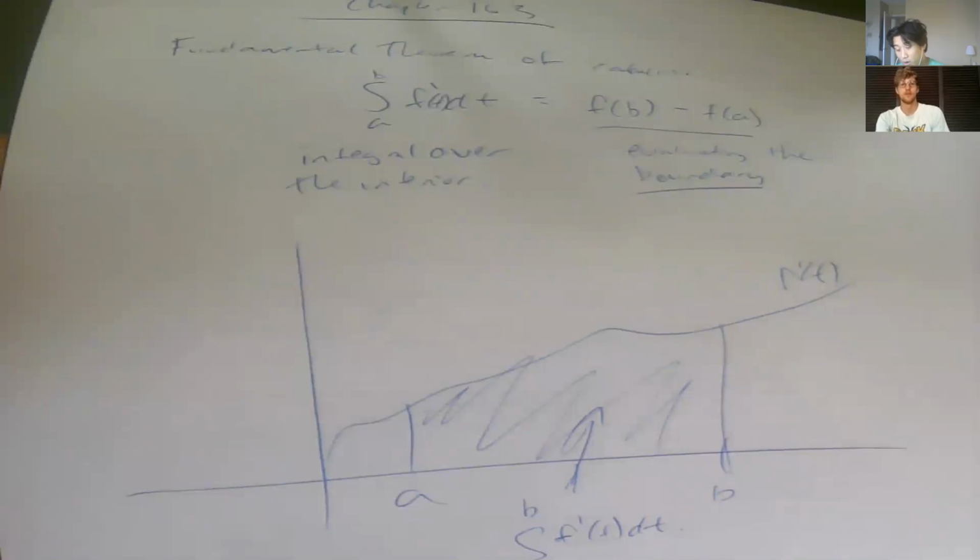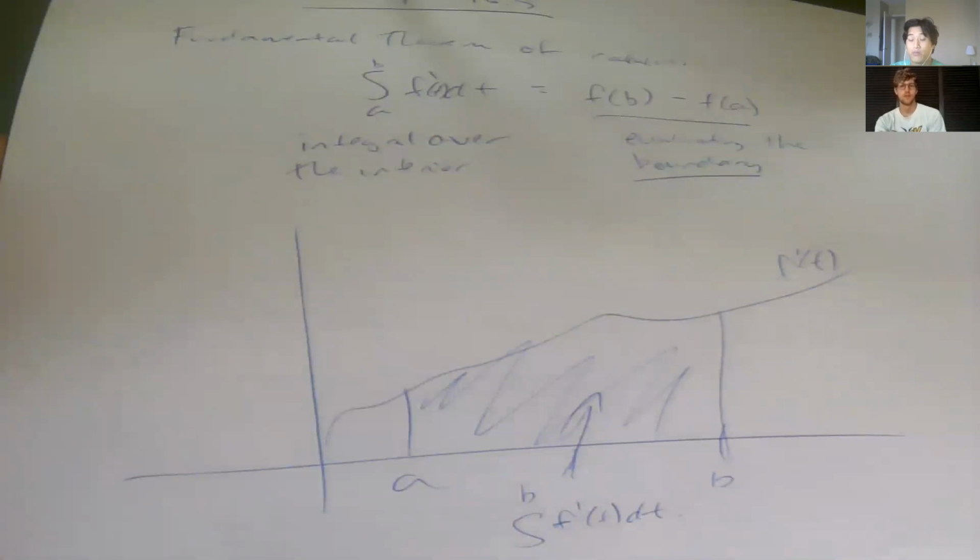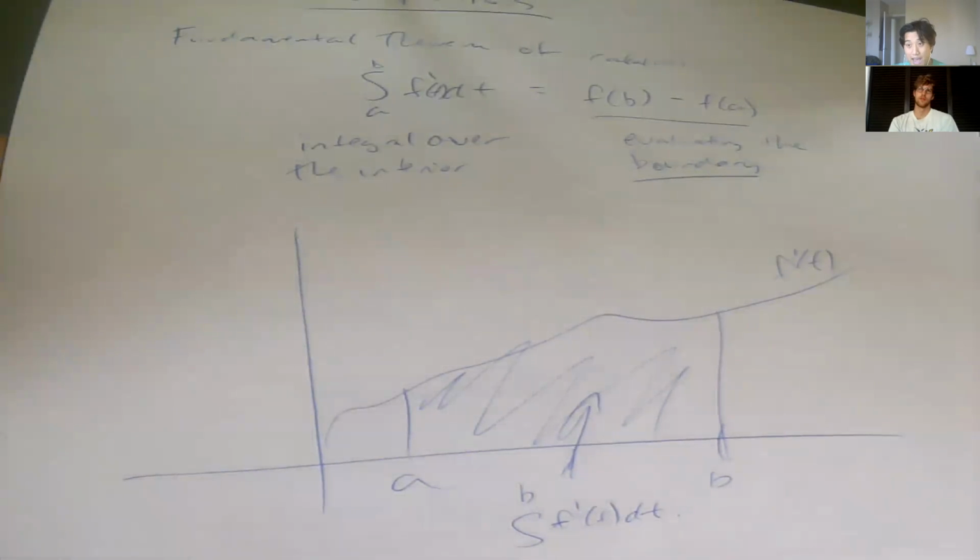So remember what we're doing here. We're taking an integral of a function that happens to be the derivative of another function on the interior of a region, and then comparing that to the original function on the boundary. The fundamental theorem translates stuff from the inside to the boundary.